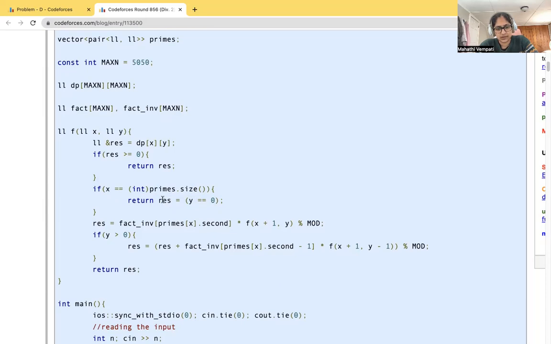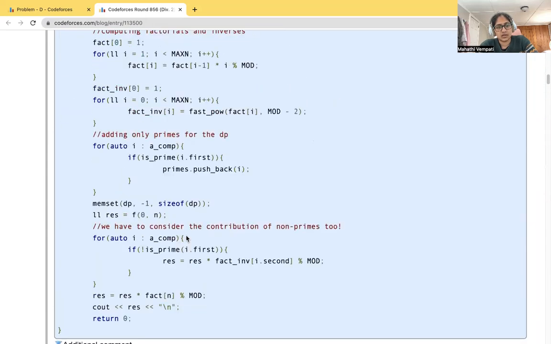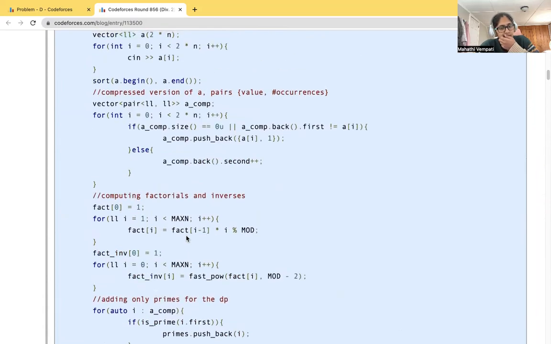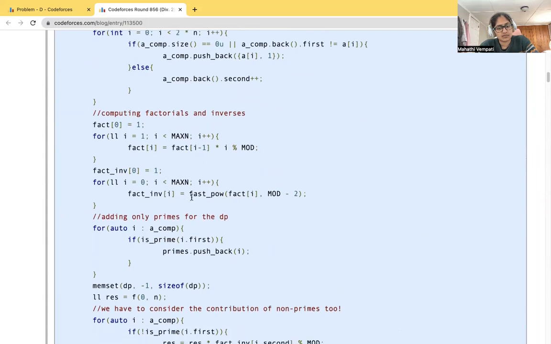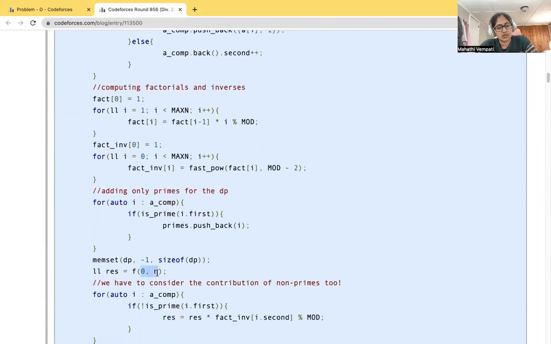I believe this returns res as well as sets res equal to this. Y equals 0 is just 0 or 1. I see.